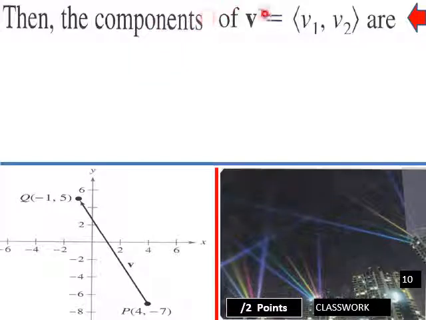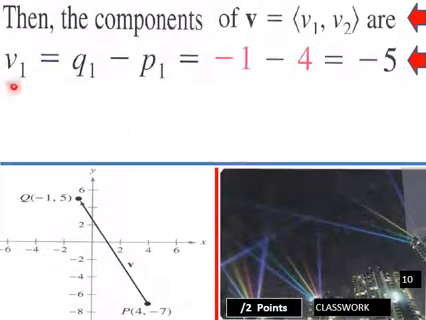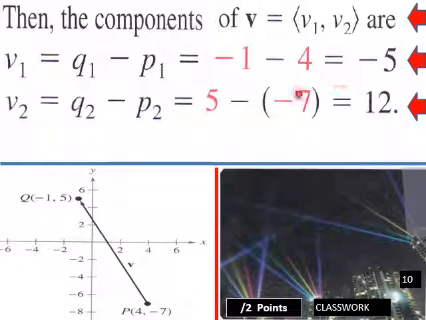The components of v are v1, v2, where v1 is q1 minus p1, which equals -1 minus 4, which equals -5. And then v2 would be q2 minus p2, which would be 5 minus -7, which equals 12.